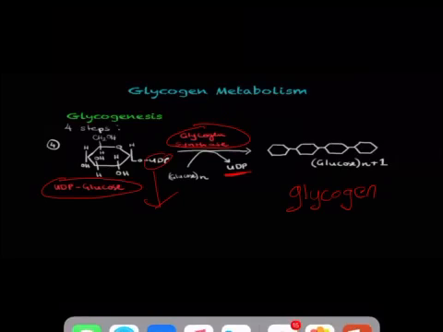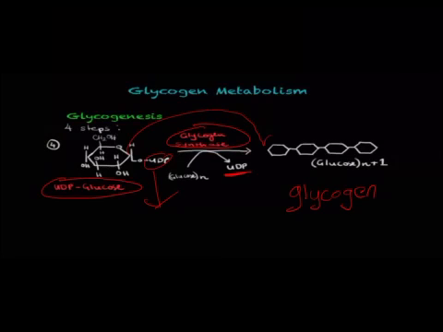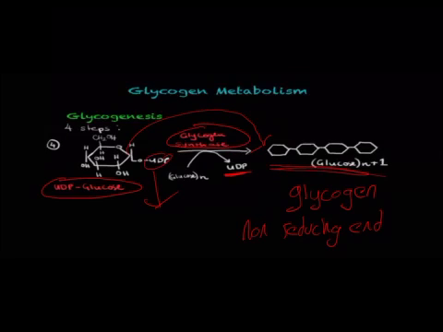That's going to provide the energy to bind our glucose on to the non-reducing end of our growing glycogen molecule. And so then we add glucose onto glycogen, and this is stable at this point. This is something that our body can store.